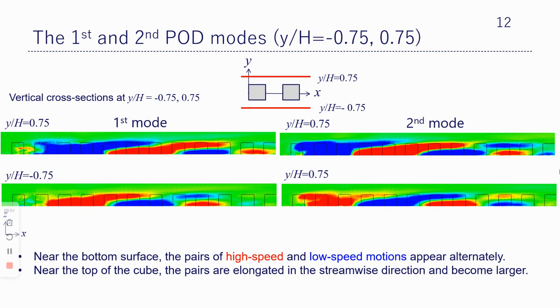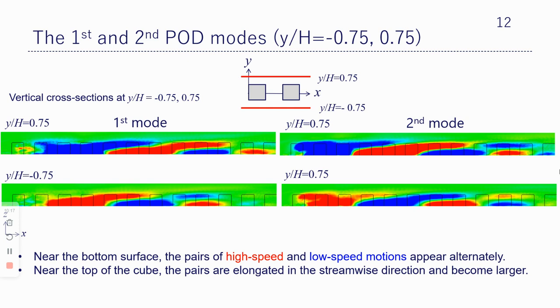As discussed earlier, near the bottom surface, the pairs of high speed and low speed motion appear alternating. And near the top of the cube, pairs are elongated in the streamwise direction and become large. So they look like a structure tilted from right to up.